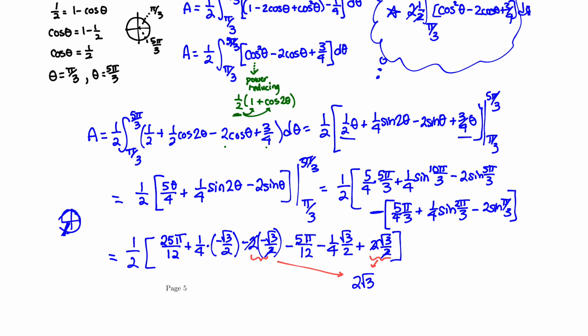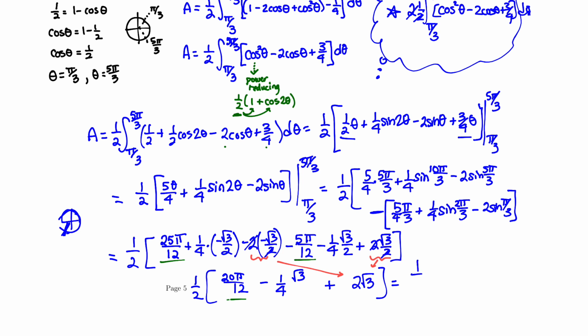It gives me 20 pi over 12 from this piece and this piece. And then what do I got in the middle? Minus 1/8 minus 1/8 gives me minus 2/8, which is minus 1/4 square root of 3. And that's from the other pieces.